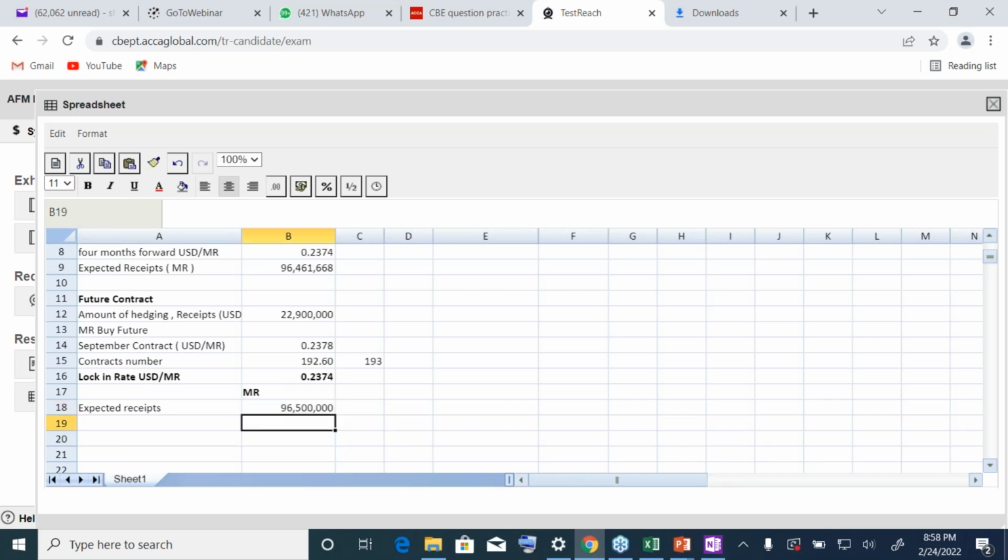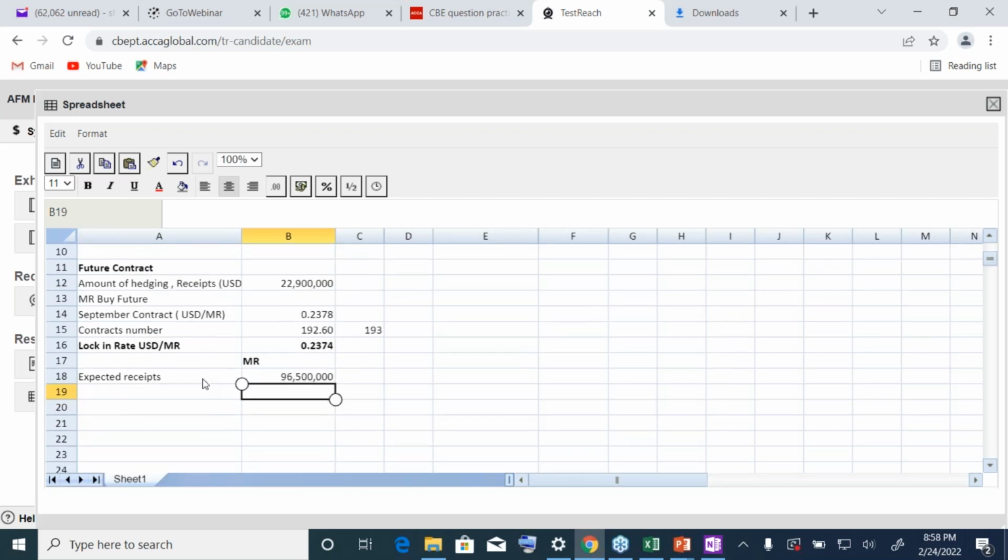So you will be receiving 96.5 million. Give me 1 minute, I will explain what is lock-in rate. Don't worry about that. Expected receipt is 96.5 million.